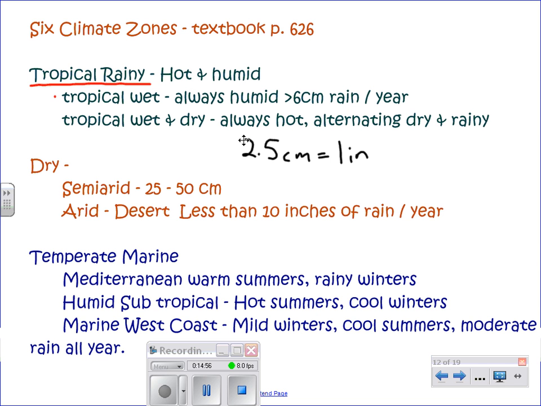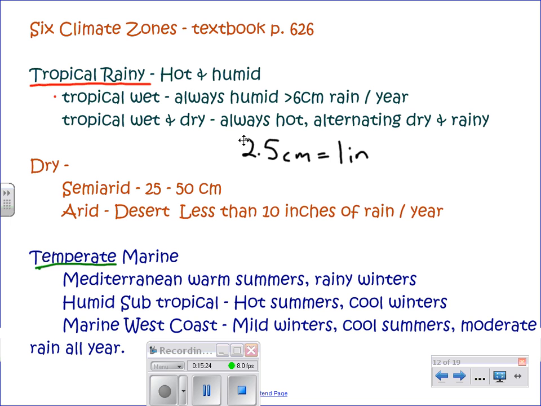The third climate zone, temperate marine, and there are three subdivisions of that. Mediterranean, which imagine the Mediterranean Sea, warm summers and rainy winters. Temperate, the word temperate means an area that has warm and cold times, but it's not extremely hot or extremely cold all the time.